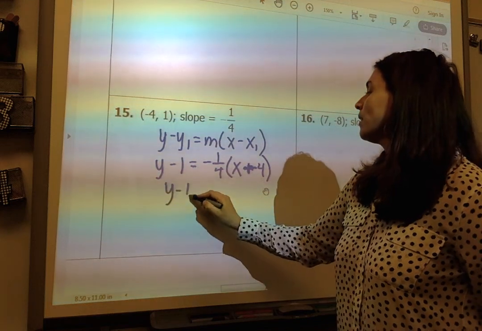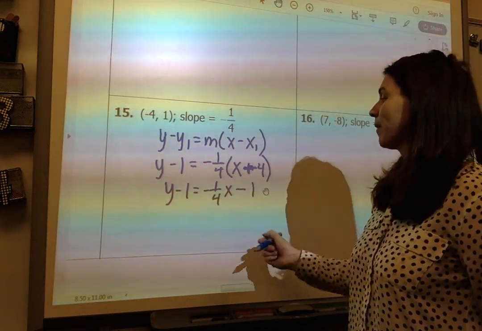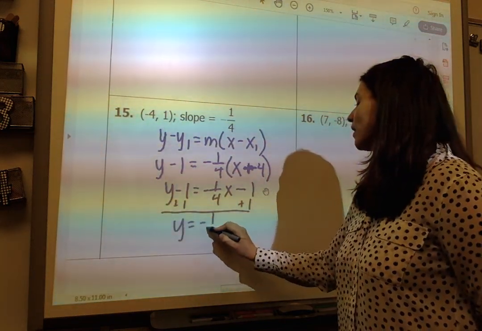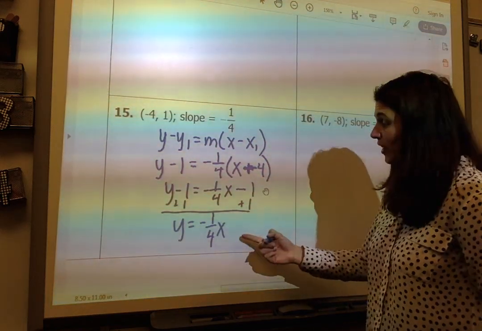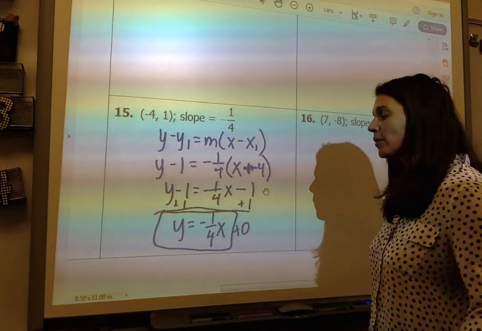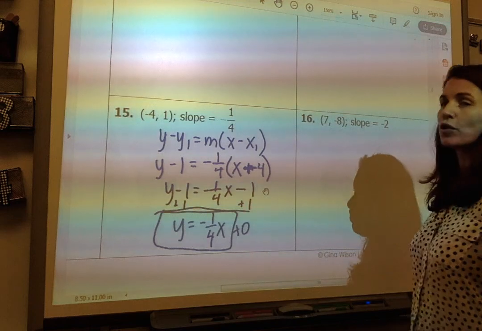And then I get y minus 1 equals -1/4 x minus 1. Add 1 to both sides, and I get y equals -1/4 x. I don't have to put 0 there because it's understood now my beginning point is the origin. If I put plus 0, that's okay, but either way it just means my beginning point is the origin.